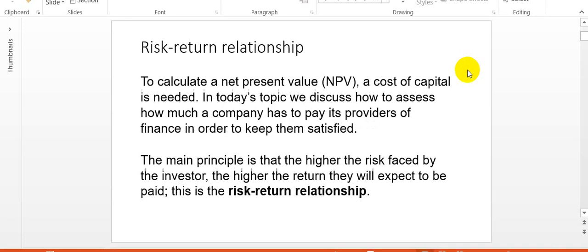This cost of capital, to understand it, you have to realize that those who provide the capital are taking a risk, and those who want to borrow have to compensate those who are providing the capital.